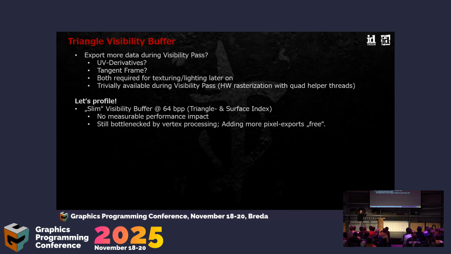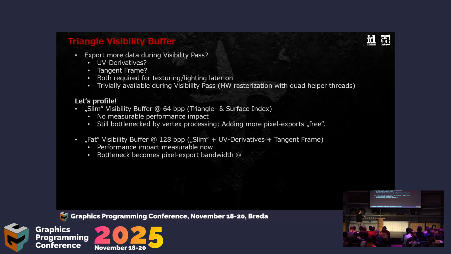With our slim variant at 64 bits per pixel, only storing these two indices, we saw no additional performance impact at all during the def prepass, since the bottleneck was still on vertex processing, and adding more pixel exports in the pixel shader was essentially free, on average at least.